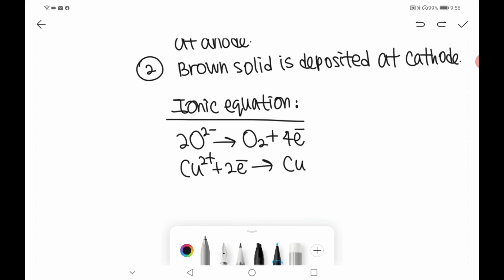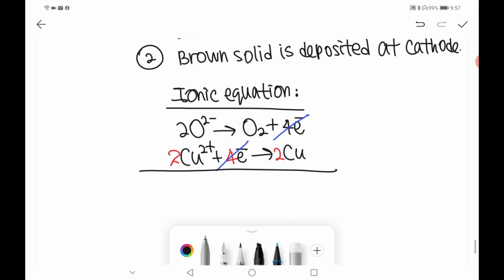When the number of electrons is not the same, we cannot combine. So we need to multiply everything in the second equation by 2 to make it 4 electrons. Now both have 4 electrons, so we can cancel the electrons away and combine them.